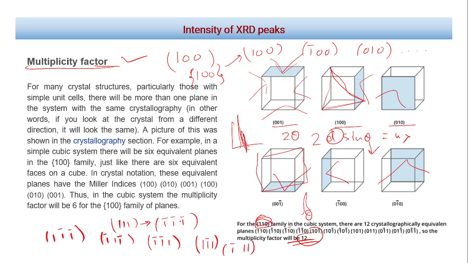I think only these are possible. So the peak diffracted from these planes will be less intense compared to the 100 and 110.